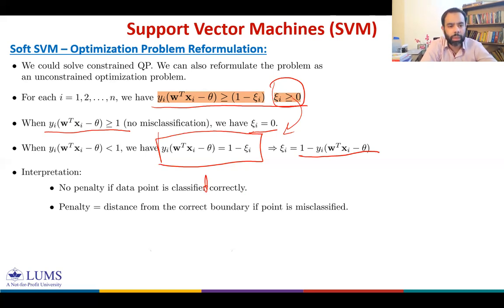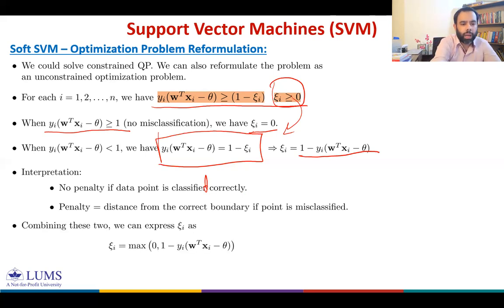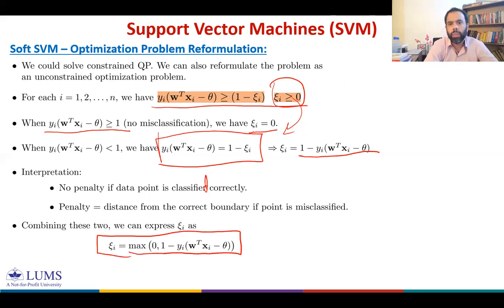When we combine these two, we get psi equal to the maximum of 0 or 1 minus yi (w transpose xi minus theta). We give a special name to this, and we will see it very shortly. It is called the hinge loss, and I will explain it very shortly.